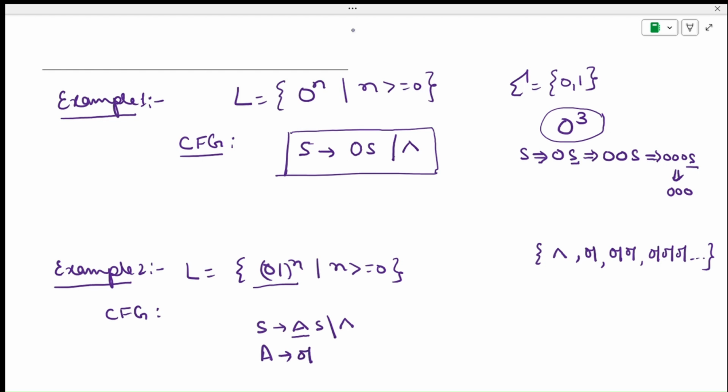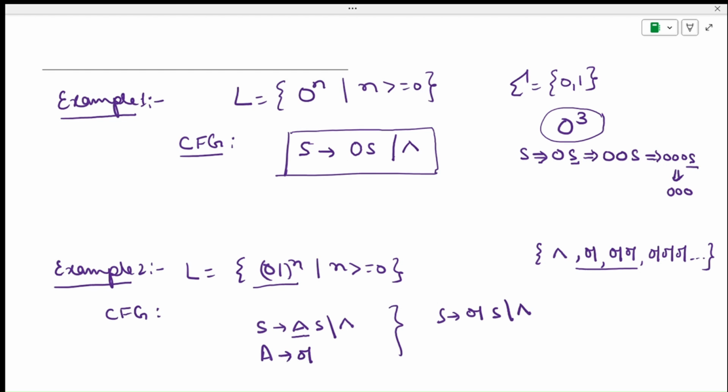So in place of A, I could have written S as 01S or null. For simplicity, I have written this variable A, and this variable A is 01. So we can derive any string of this form from the given context-free grammar. I hope this is clear.